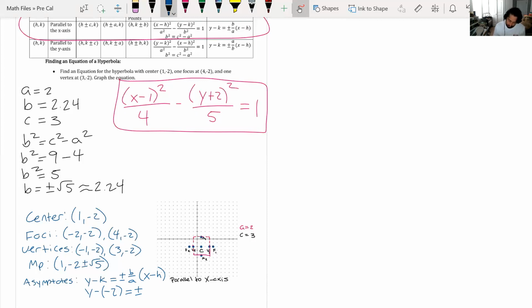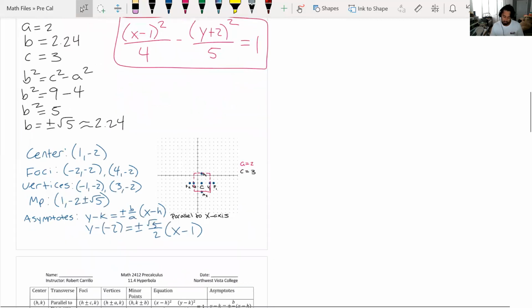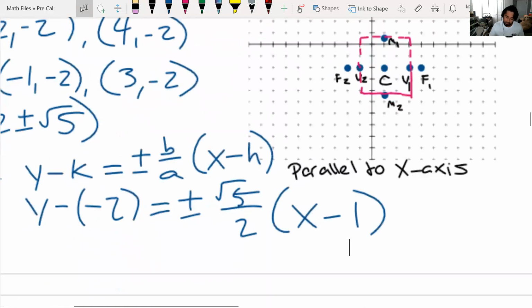So I'll just make it square root of 5 over 2 times x minus our h value from the center of 1. Okay. That's plugging in everything that we know.